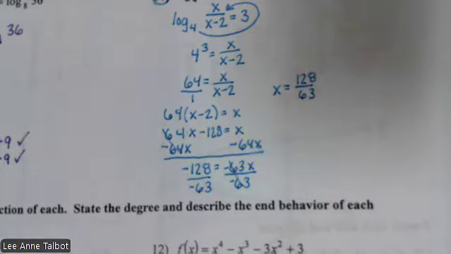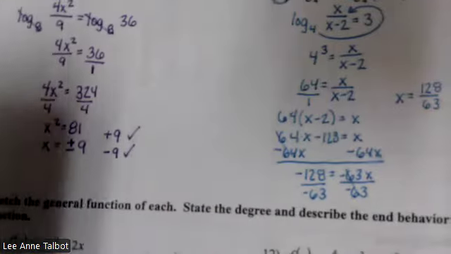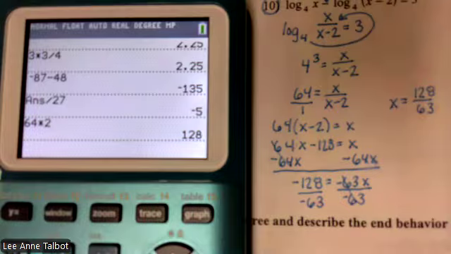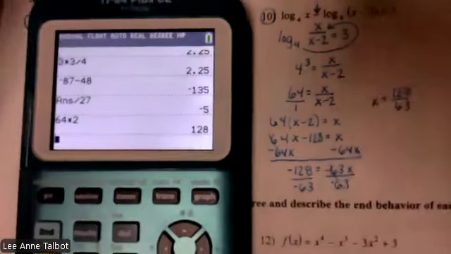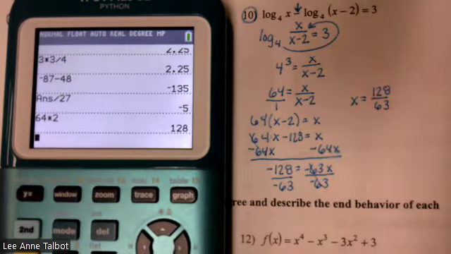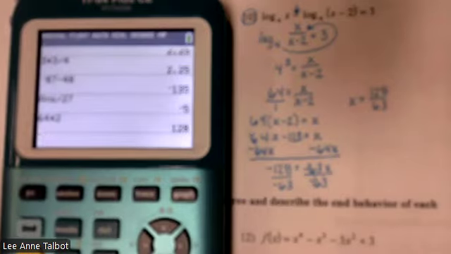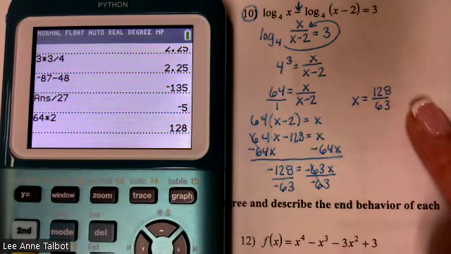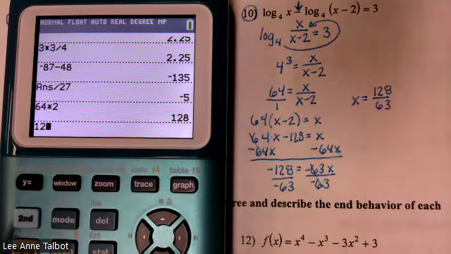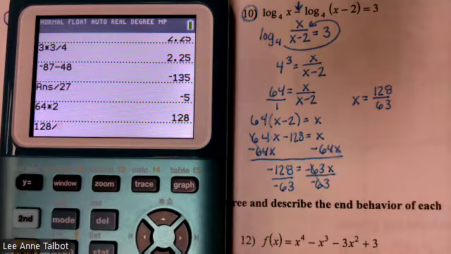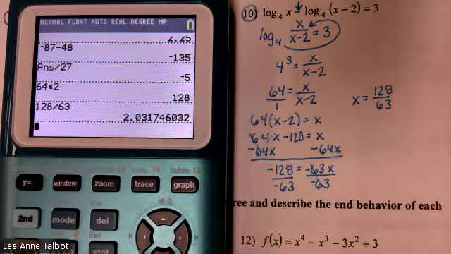Now, in case you have not learned this yet, maybe you have. I'm not sure if Miss Rice showed you my patented cheating method. It's not really cheating. I am going to reduce this fraction in my calculator. So I'm going to go 128 divided by 63, and I get a horrible, gross, disgusting decimal.